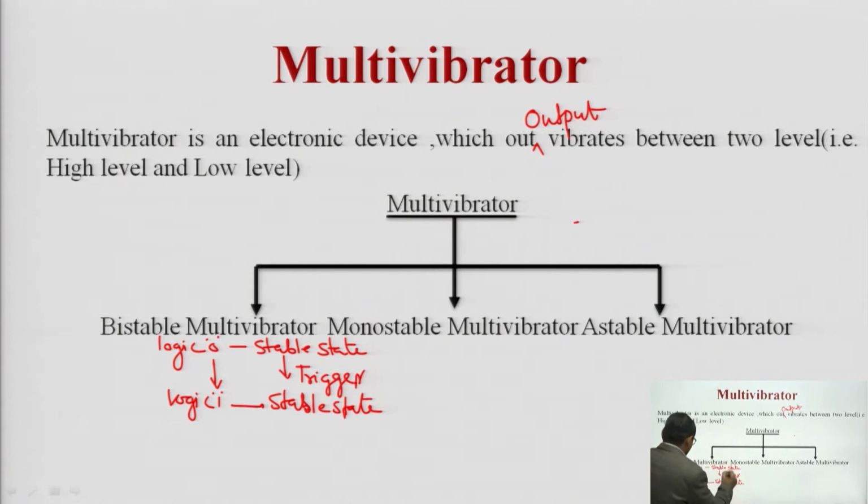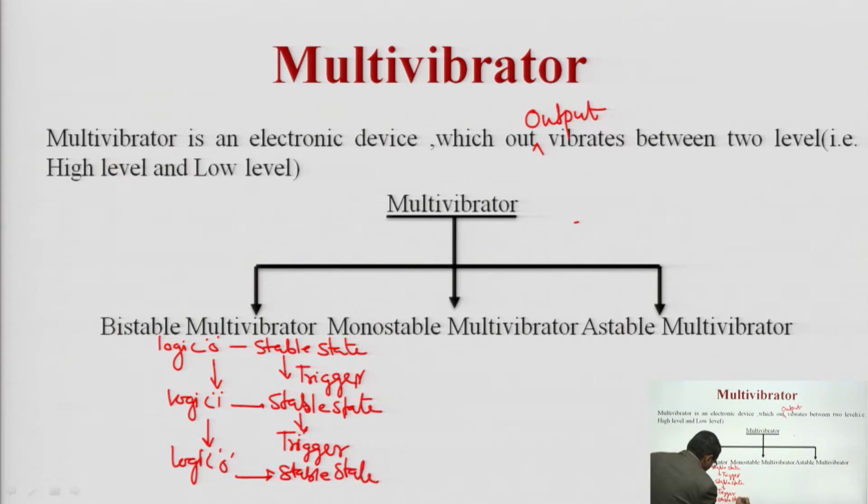Next, we again give a trigger, it jumps to logic 0, and that is also considered a stable state.